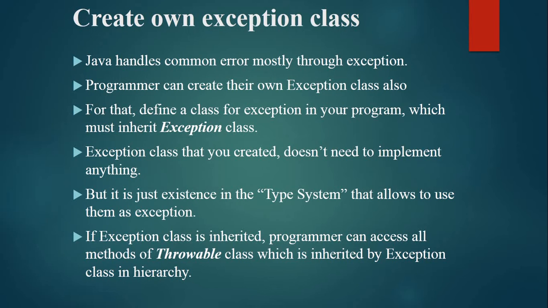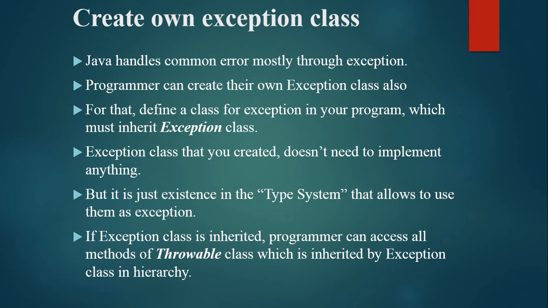Java handles common errors mostly through exceptions. A programmer can create their own exception class also, that we will understand here. For that, define a class for the exception in your program which must inherit the exception class. We have to keep in mind that our created exception class will be a subclass of the main exception class.